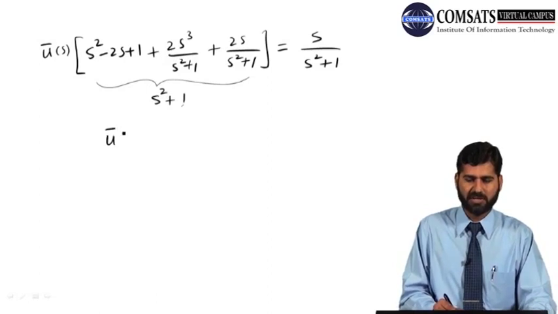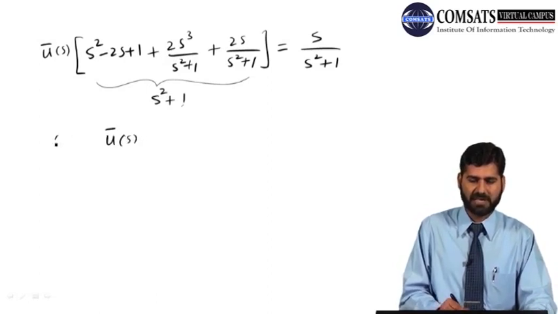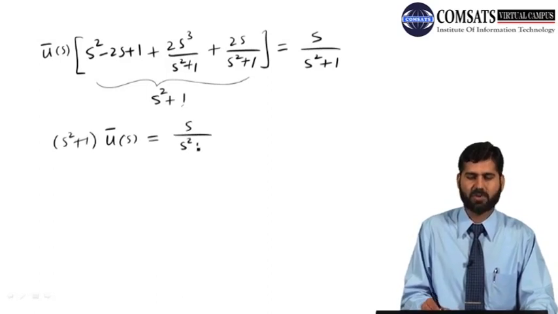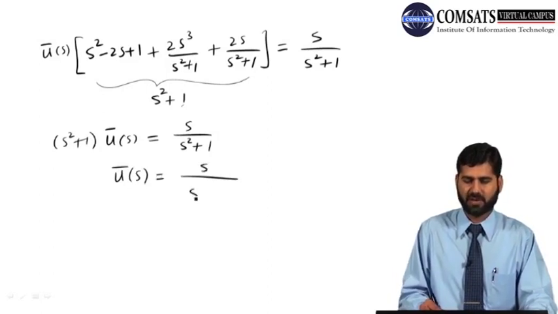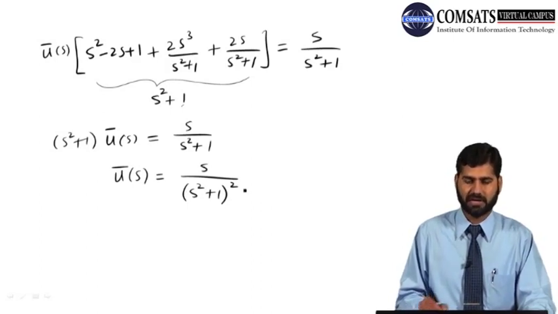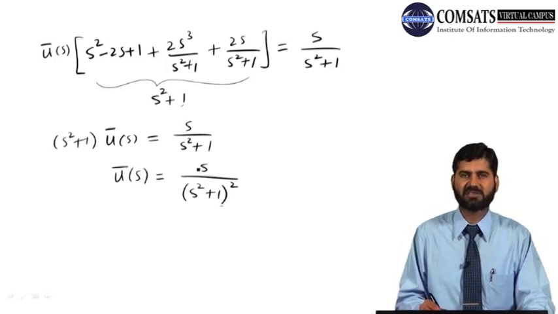So what you got is u bar of s times s square plus 1 equal to s over s square plus 1. All right. So now u bar of s is equal to s over s square plus 1 squared. And now we need the inverse transform, and I don't know the inverse transform of that, so I need to do something.